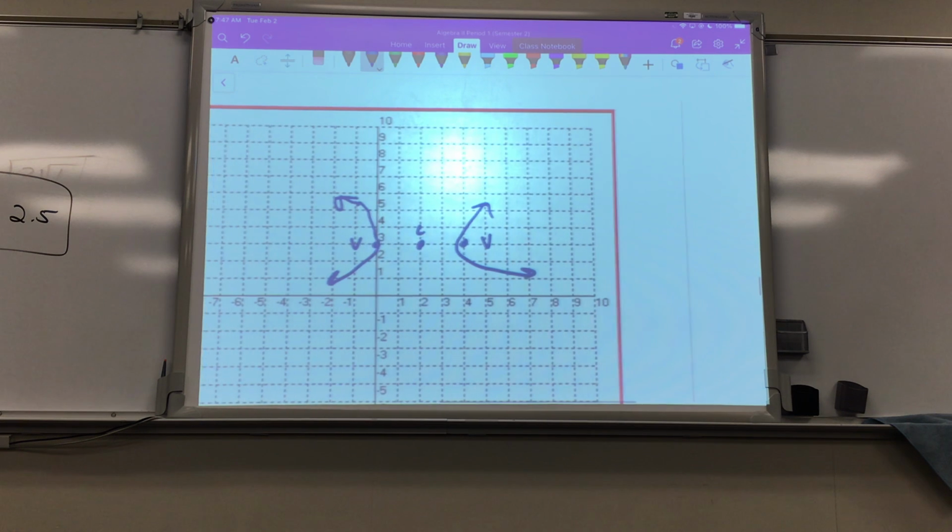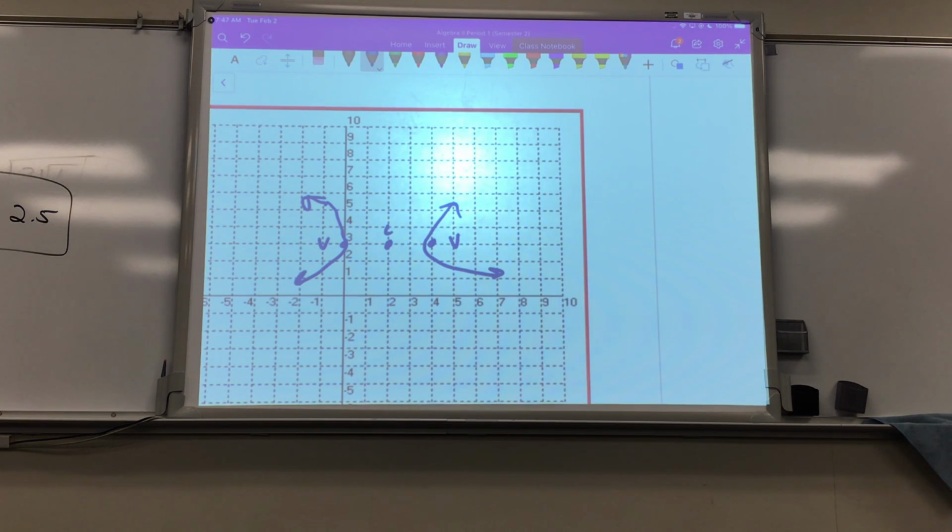Now, the distances we're always looking for are from the center to whatever, right? Center to vertices. What's that distance from the center to the vertices? 2. And if we went left and right, is that going to go under x or y?